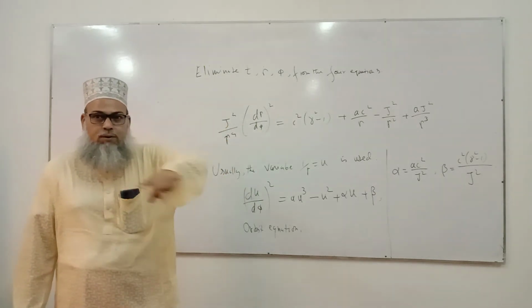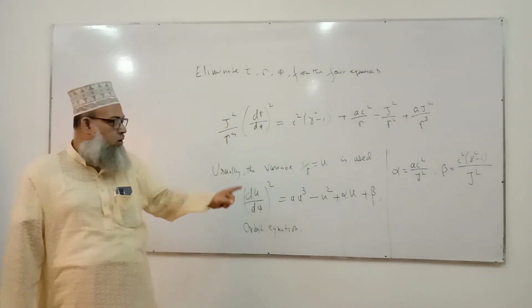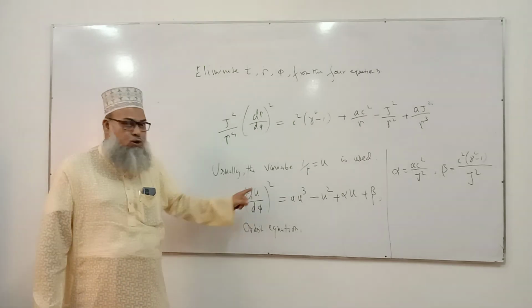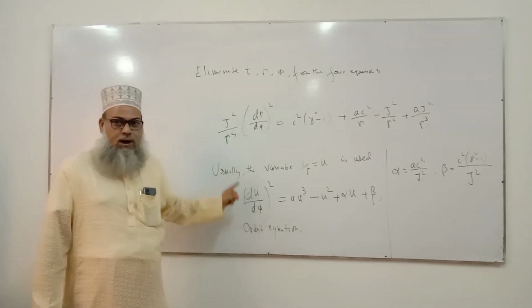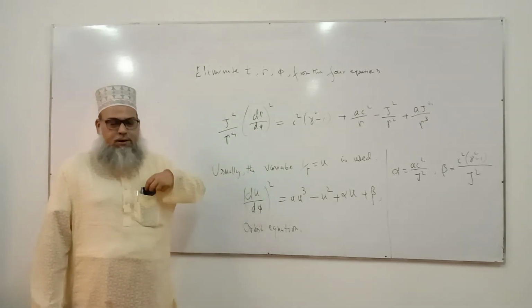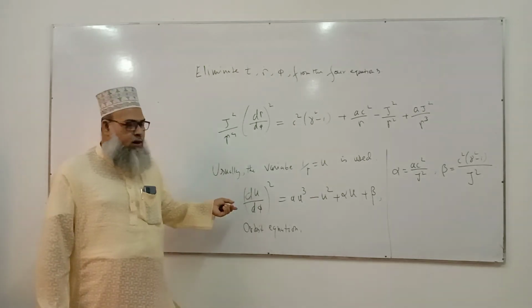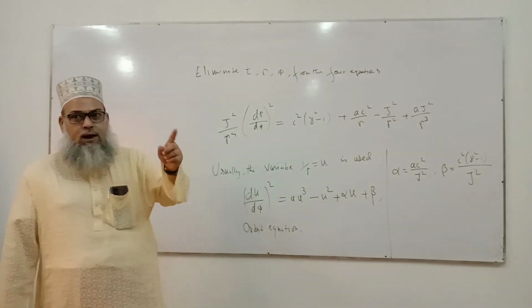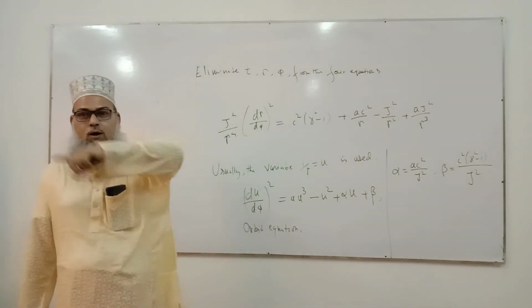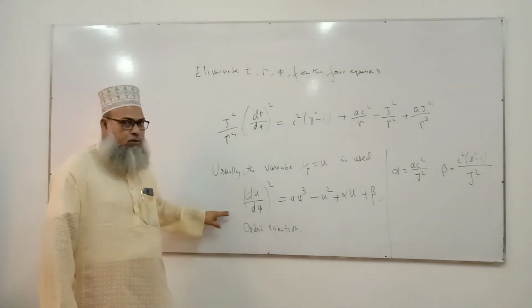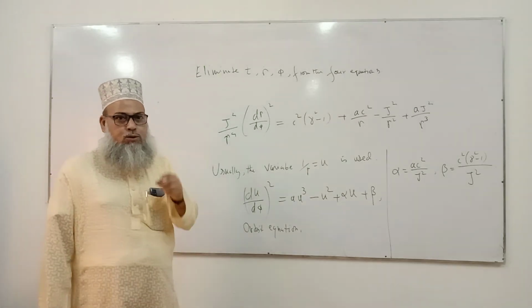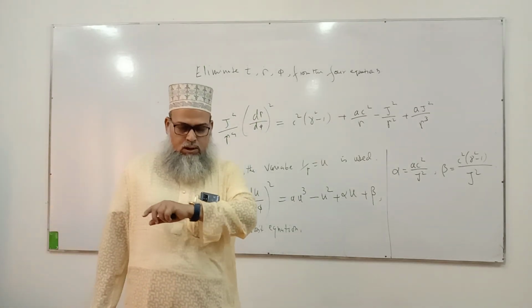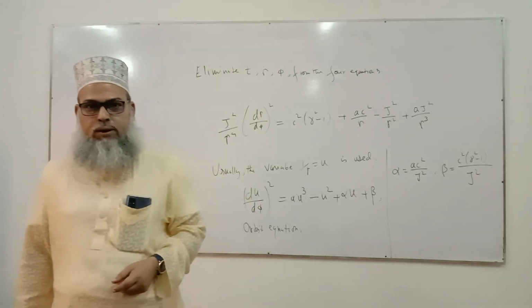Then you can draw an orbit. That's why it is called the orbit equation. Here there is no time; here we have 1 by r and phi. Whenever you solve this, you get 1 by r as a function of phi, and you can draw an orbit. So this is called the orbit equation. So my students, we shall meet again very soon. Thank you very much.